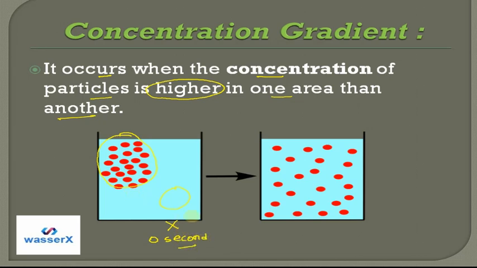So this creates a concentration gradient, and molecules from this area will pass through this, this and this. After some time, due to the formation of this concentration gradient, my whole beaker will have equal distribution of all these particles. So this equal distribution occurred due to the concentration gradient. I hope you understood what is concentration gradient.